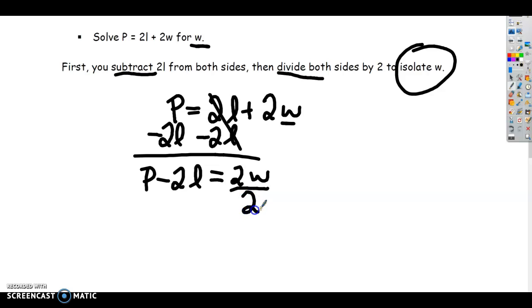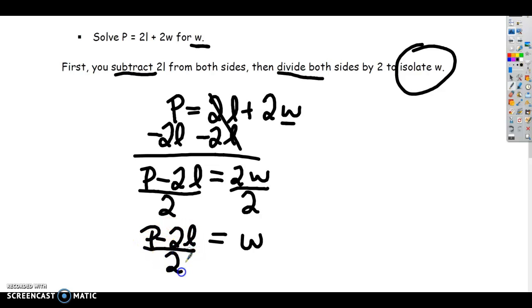So we divide everything here by 2, and that leaves W equals P minus 2L all divided by 2. So again, this is the perimeter formula for a rectangle, but now we are solving for W, which would be the width of the rectangle.